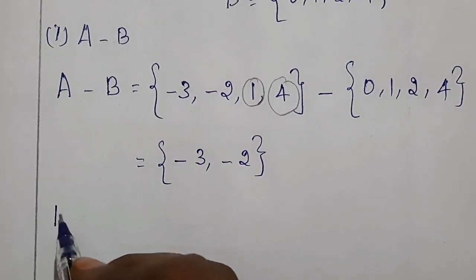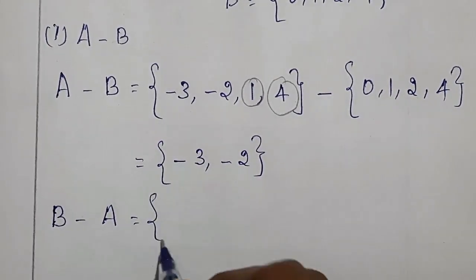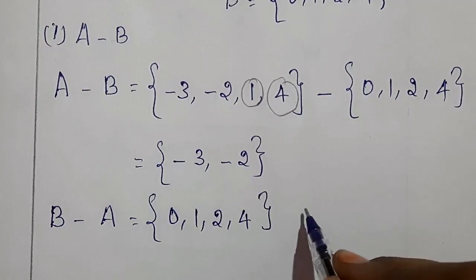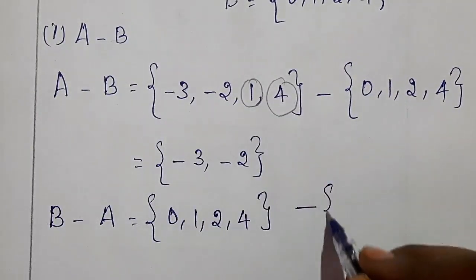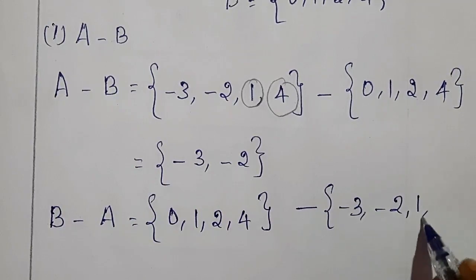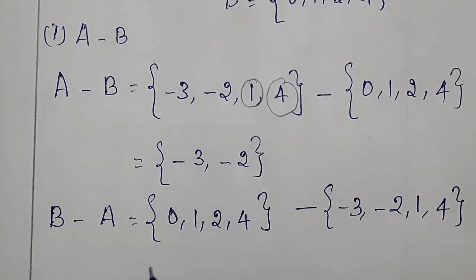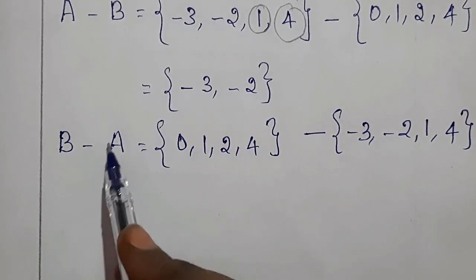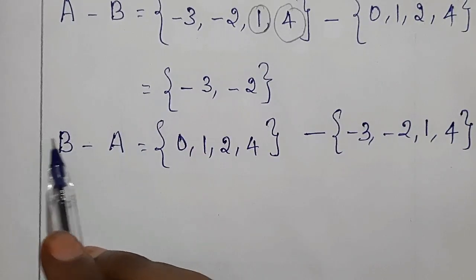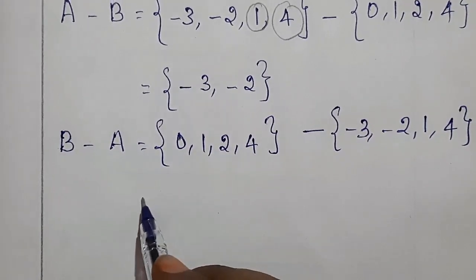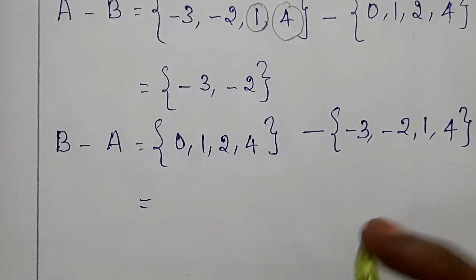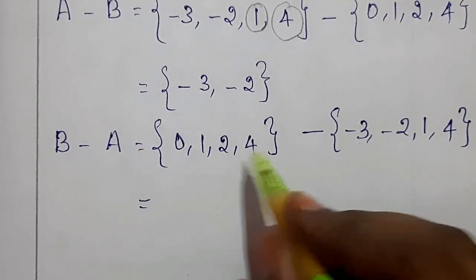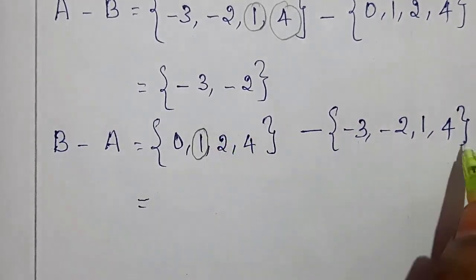Next we can write B minus A. For that, first write the B set: 0, 1, 2, 4, then minus the A set: minus 3, minus 2, 1, 4. So what is this equal to? B minus A means you have to remove the A elements from set B. So find the A elements in set B. Minus 3 is not here, minus 2 is not here, 1 is here, 4 is here.